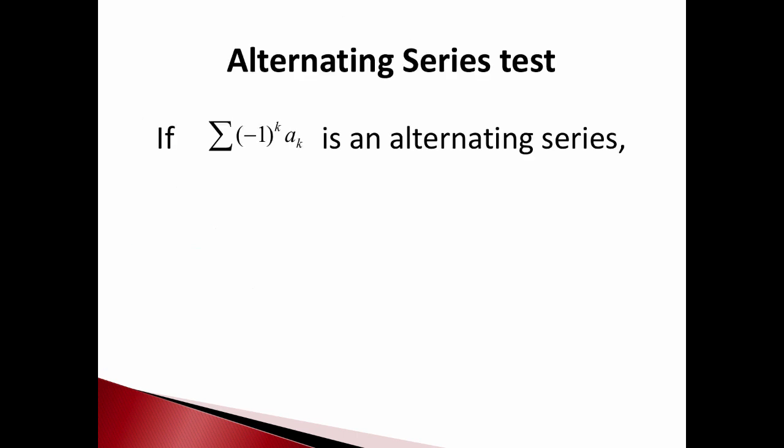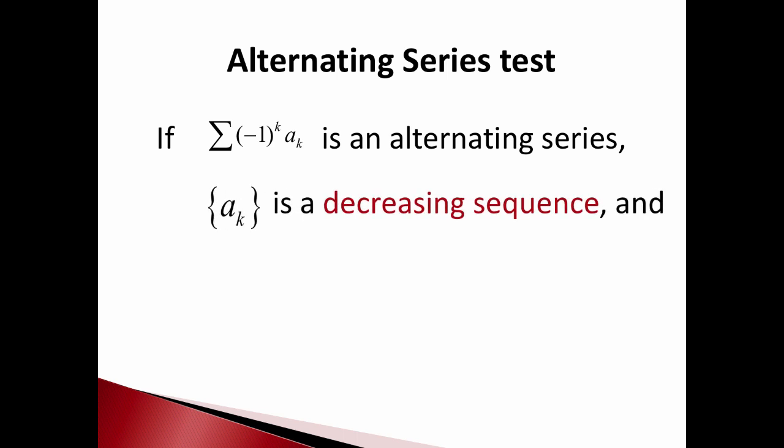So this leads us to the alternating series test. If you have an alternating series where the a_k, of course, are positive, and the (-1)^k means that the series as a whole is switching signs, plus minus, plus minus, plus minus. If you look at those a_k, so in the previous example that would be 1, 1/2, 1/3, 1/4, 1/5, 1/6, and so on.